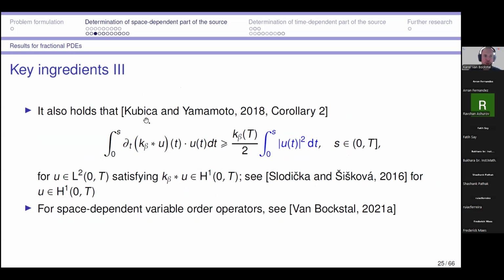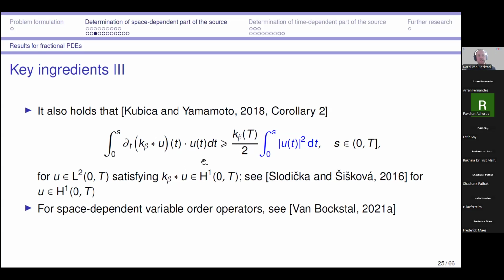The second one is a result by Kubica and Yamamoto from 2018, where they showed, when you have the Riemann-Liouville derivative applied with u integrated from 0 to s, we have this lower bound where we have the kernel evaluated in t divided by 2, and here the L2 integral of u. And they show that this result is valid for u in L2, and k beta star u should be H1 in time.